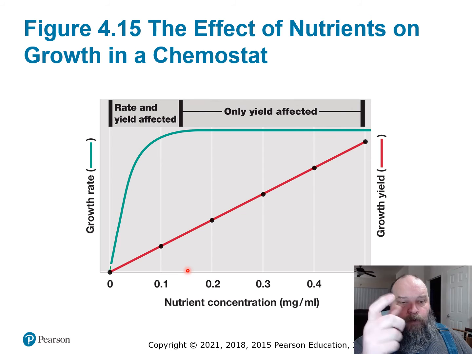Here's the variable you get to play with. Of that new broth being added, which of the nutrients there, what concentrations are you going to play with? Are you going to artificially lower them so that you can maximize your yield?